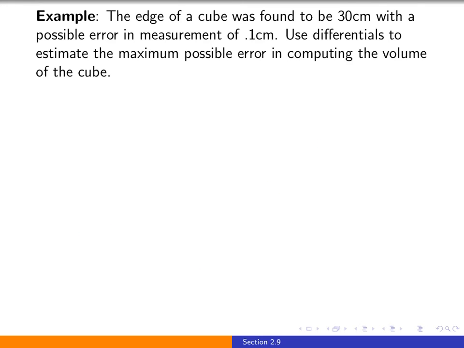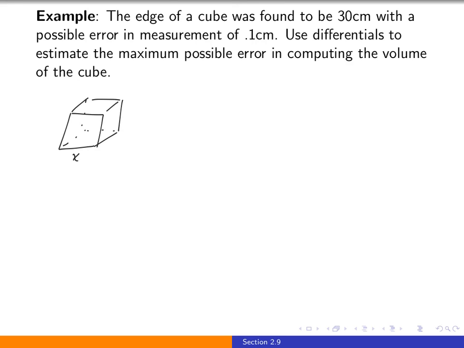The edge of a cube was found to be 30 centimeters with a possible error in measurement of 0.1 centimeters. Let's use differentials to estimate the maximum possible error in computing the volume of a cube. So the idea here is that we have a cube, and that means that each side of this cube has the same exact side length.